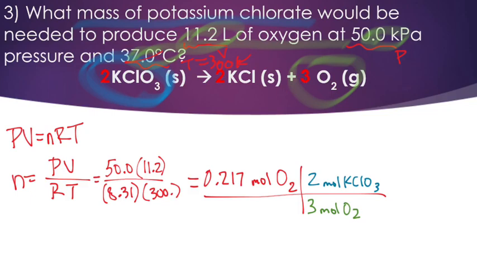But we're not done, because even though we've used our mole ratio, notice that it asked us what is the mass of potassium chlorate. So I need to add one more step here in order to turn these moles into grams. And if we add up KClO3 from the periodic table, that ends up being 122.548 grams per mole, of course.